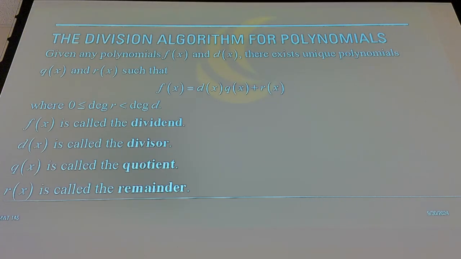The only one, right? Same meaning. So given your pair F and D, the pair Q and R being unique means it's the only pair that satisfies that equation.